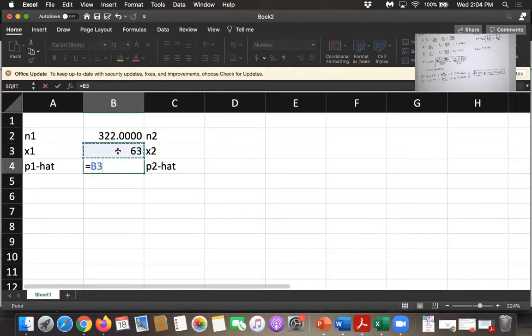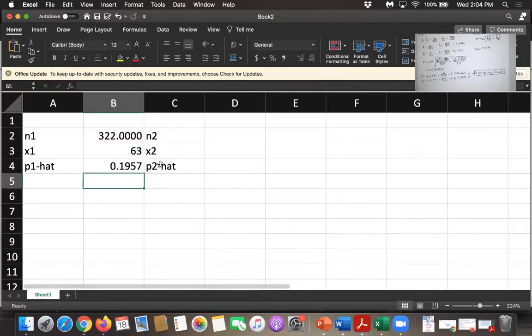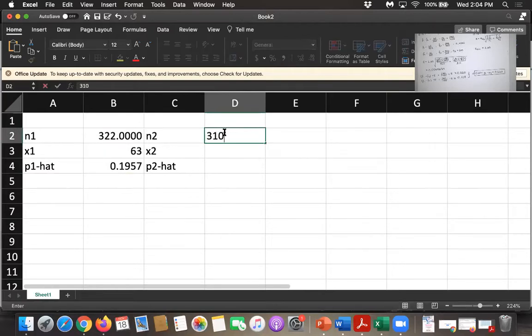So P1 hat is this X value divided by this sample size. Similarly, we had 310 people under the age of 25 in our second sample, and 10 of those dreamt in black and white. So P2 hat is that 10 divided by the 310.